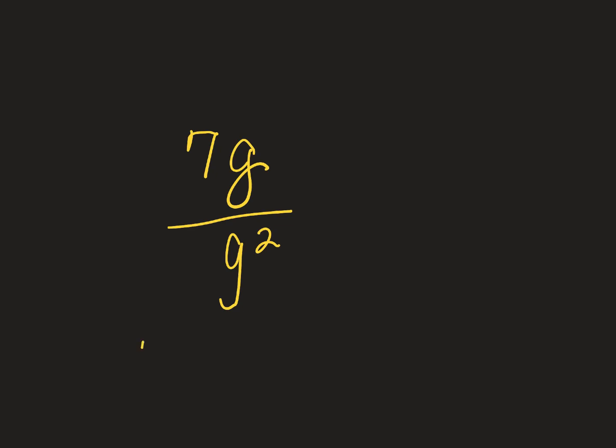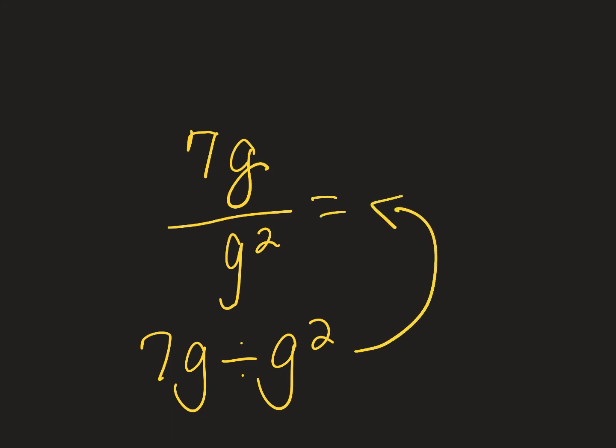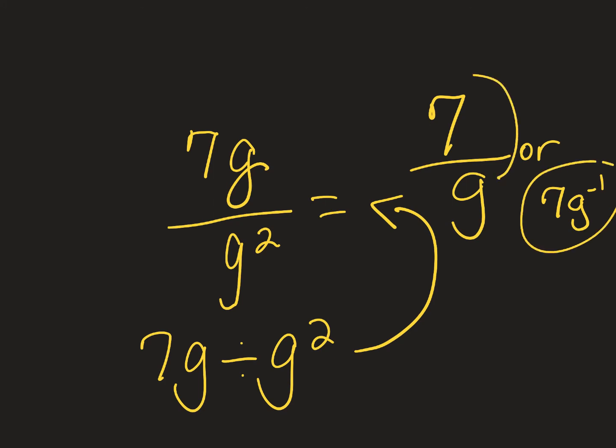Or it could be written like this, 7g divided by g squared, and then you rewrite it like that, okay? Which we know that is 7 over g, or 7g to the negative 1, okay? Either one is acceptable.